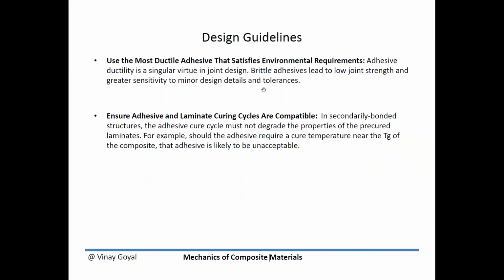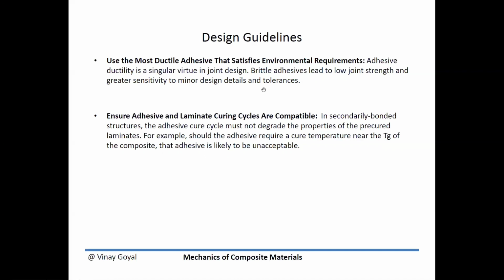Another design practice is to use the most ductile adhesive that can satisfy the environmental requirements. A good design has an adhesive that's ductile. Brittle adhesives will usually lead to low joint strength and greater sensitivity to minor design details. Ensure that adhesive and laminate curing cycles are compatible.